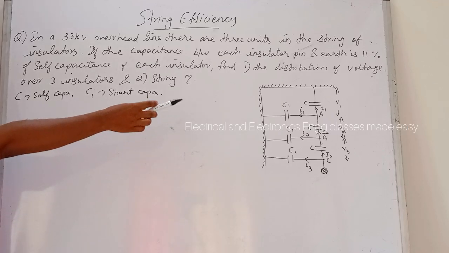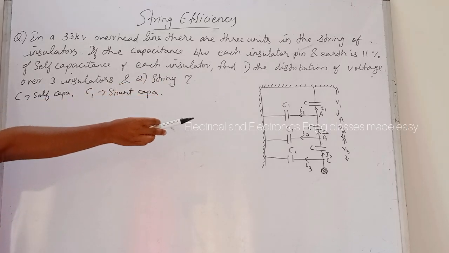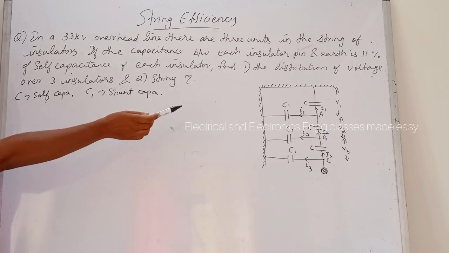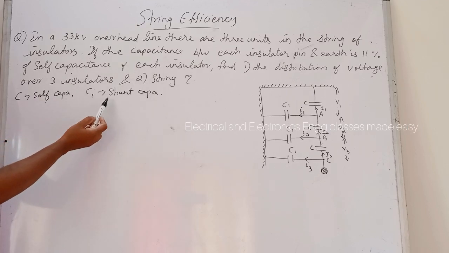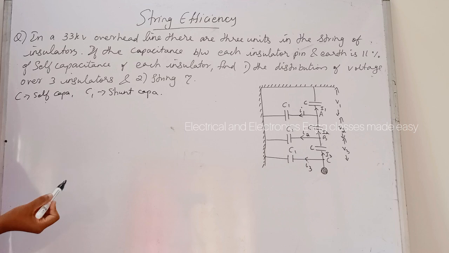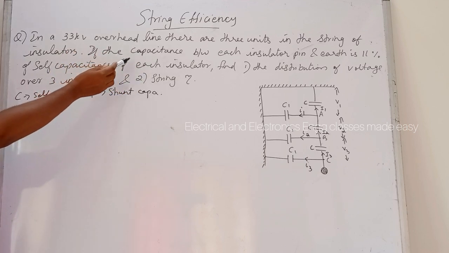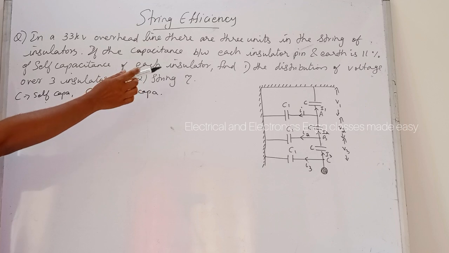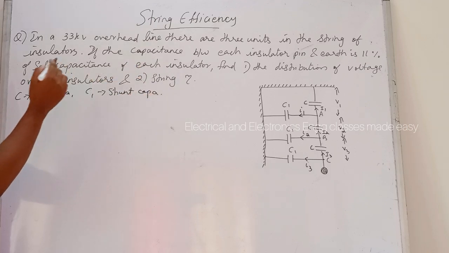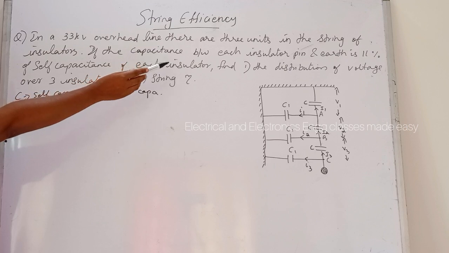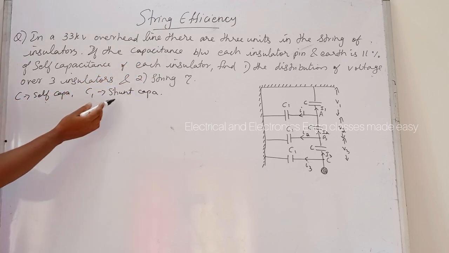Then the corresponding currents are capital I1, I2 and I3 through the self capacitance and small i1, i2, i3 through the shunt capacitance. So here it is given that the capacitance between each insulator pin and earth is 11% of self capacitance. That is, the capacitance between the insulator pin and earth is the shunt capacitance.